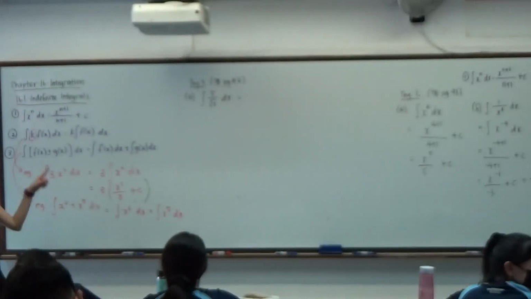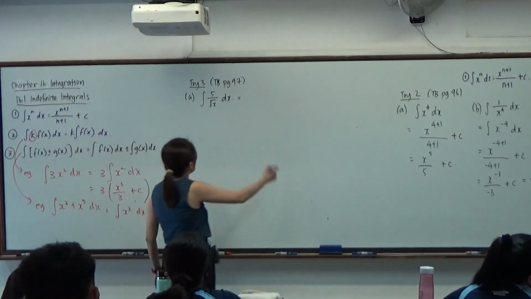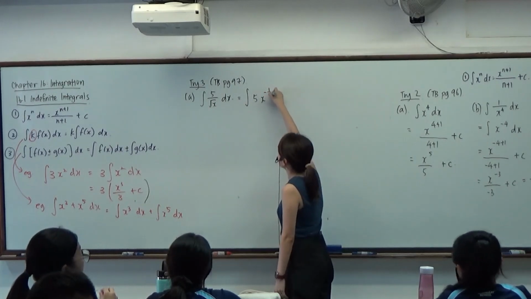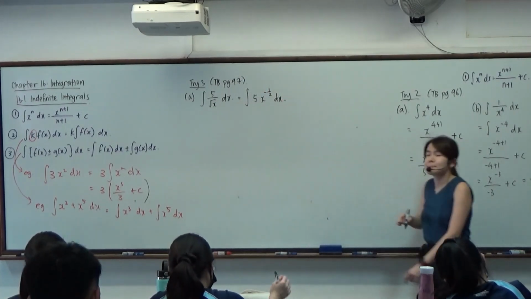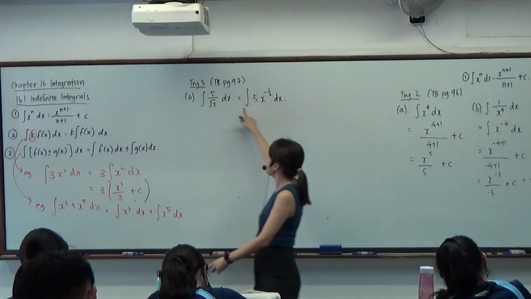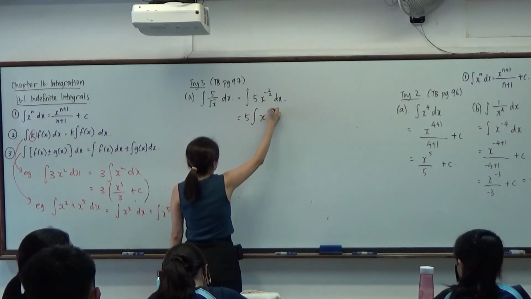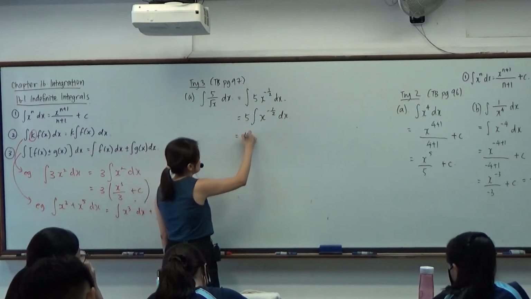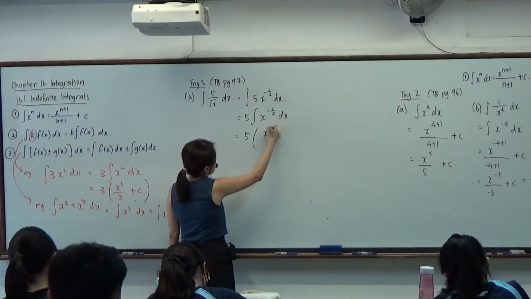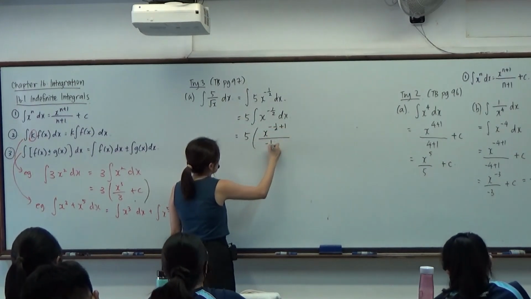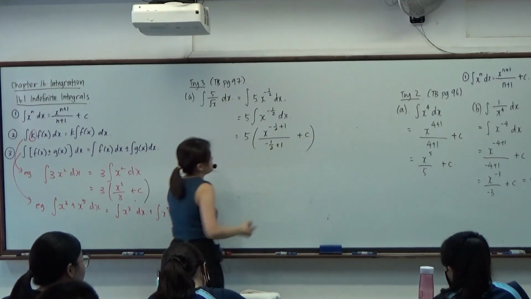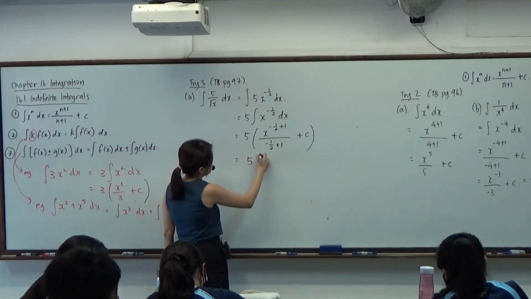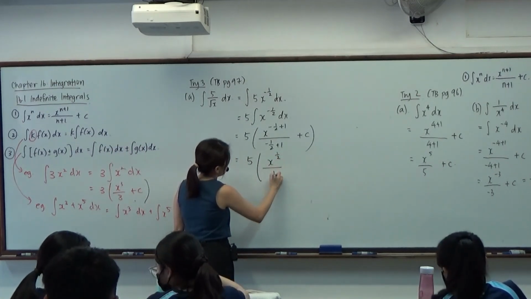So integrate 5 over square root x. How we will do that is that we apply our indices law first. It is x to the power negative half. Then we know that I can leave my 5 outside and then focus on integrating x to the power negative half. So in this case will be power plus 1, then divide by the new power. That would give us 5 x to the power of half over half plus c.